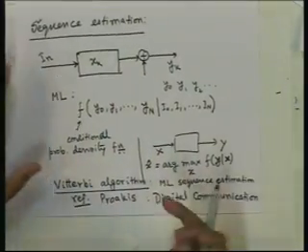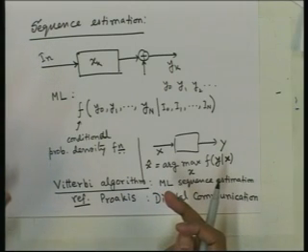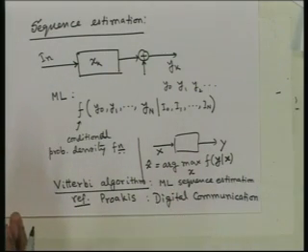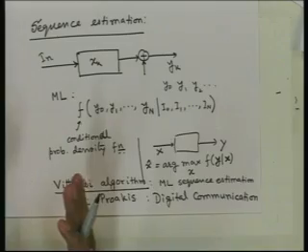There are coding methods where you pass the digital signal through a digital filter at the encoder at the transmitter, and you then transmit, and after receiving the sequence, you can estimate the transmitted sequence by using the Viterbi algorithm.